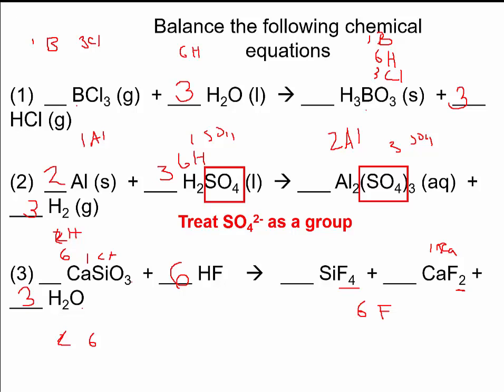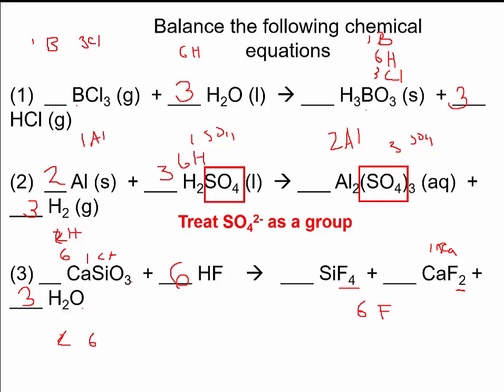But now I'm going back and I'm double checking, right? Okay, so I got 1 calcium, 1 calcium, 1 Si, 1 Si. I got 3 oxygens over here. I got 3 oxygens over here. I got 6 hydrogens over here. I got 3 times 2, 6 hydrogens over here. I got 6 fluorines over here.